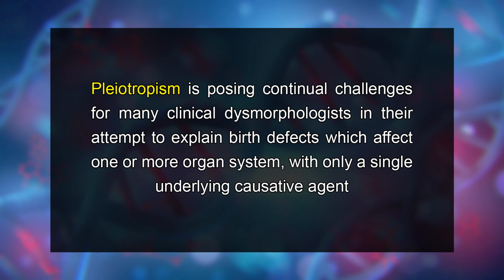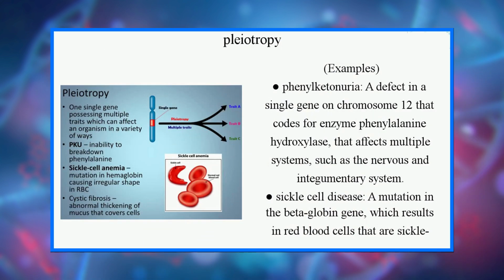Pleiotropism poses a continual challenge for many clinical dysmorphologists in their attempt to explain birth defects which affect one or more organ systems with only a single underlying causative agent. For many pleiotropic disorders, the connection between the gene defect and the various manifestations is neither obvious nor well understood.